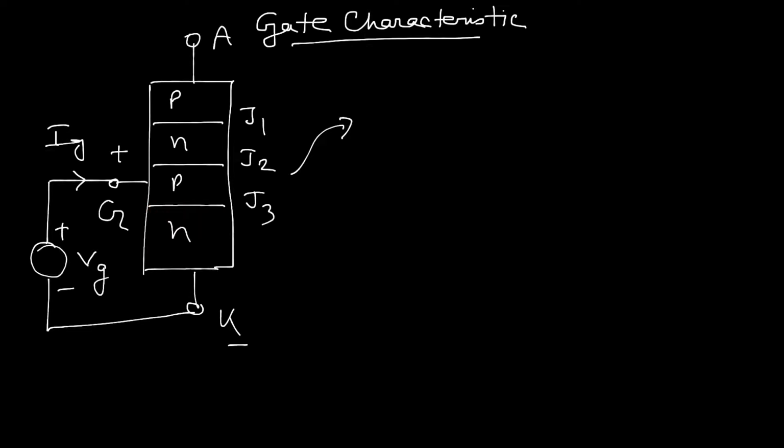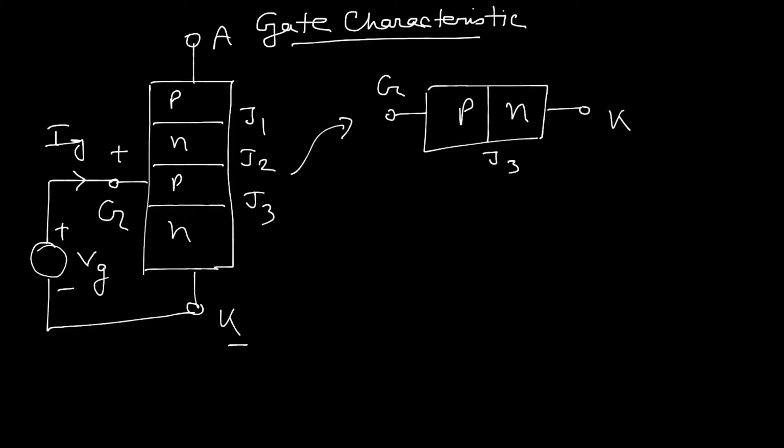That means we can draw this thing very clearly. It is behaving like just a PN junction diode. That is J3, and this is gate terminal, and this is cathode.